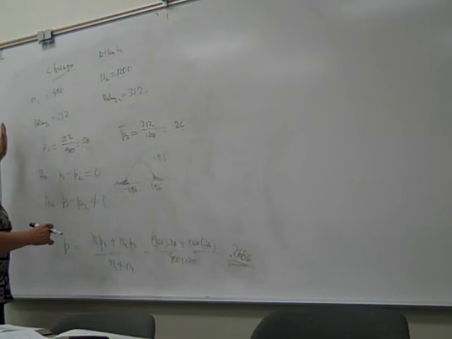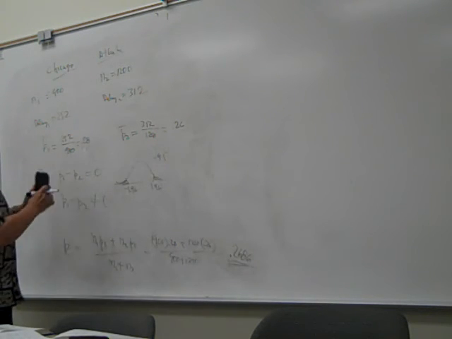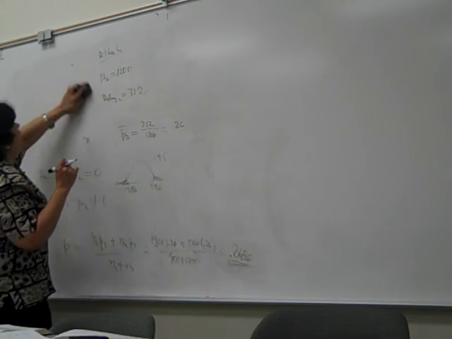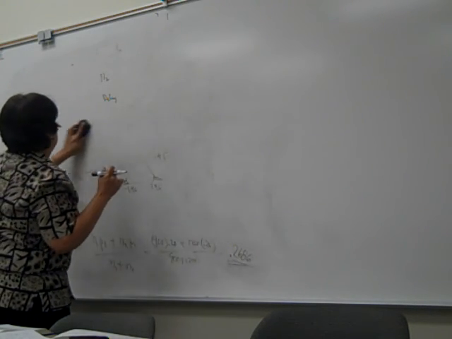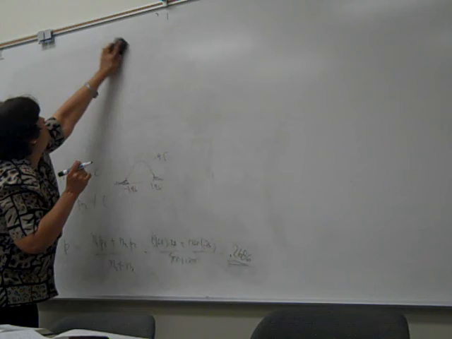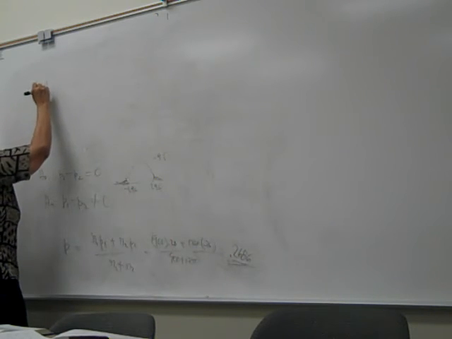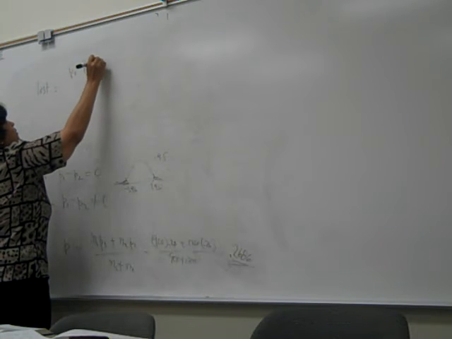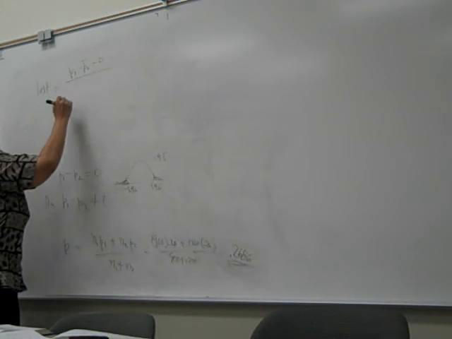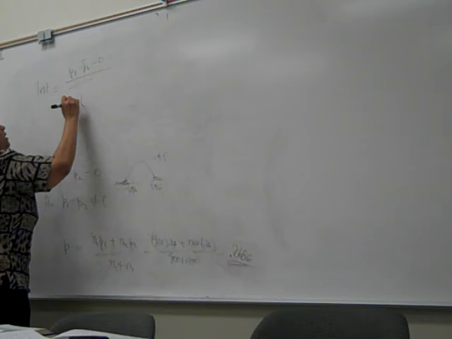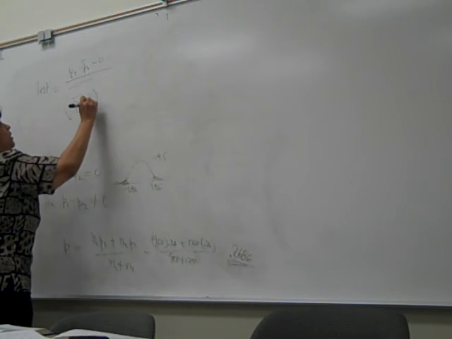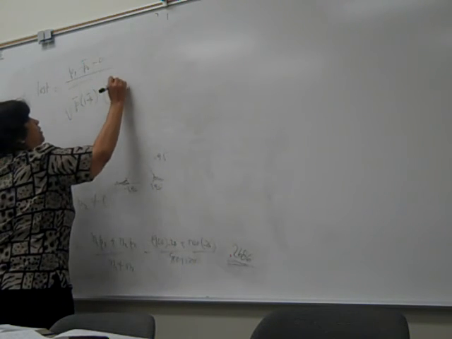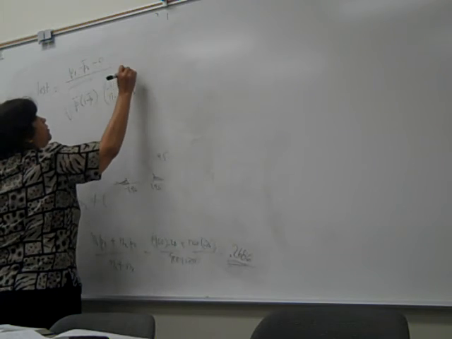So I'm going to erase a little bit of this in order to calculate the test value. The test value is equal to P1 bar minus P2 bar minus 0, divided by the square root of P bar times 1 minus P bar times 1 over N1 plus 1 over N2.